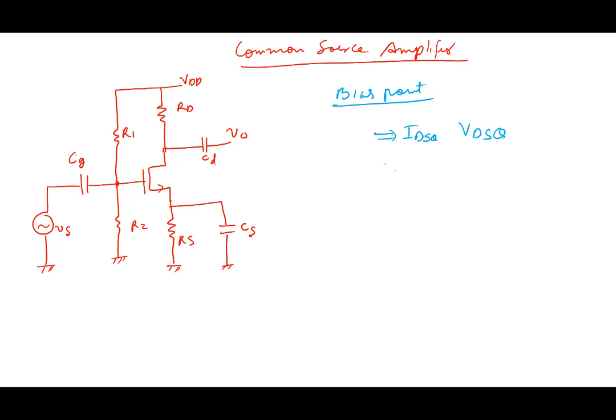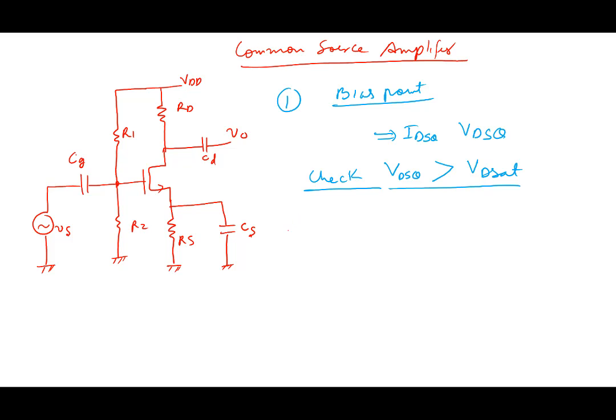And before you do your amplifier analysis, you want to make sure that VDSQ is greater than VDSAT. Check. All right, so check that, because to find the bias point, you will use the equation of current in saturation region. So check that it is indeed true. So that will give you the bias point. So that's your first step.